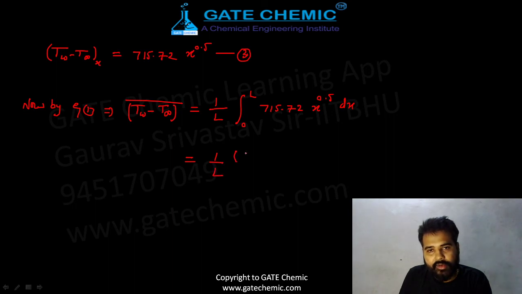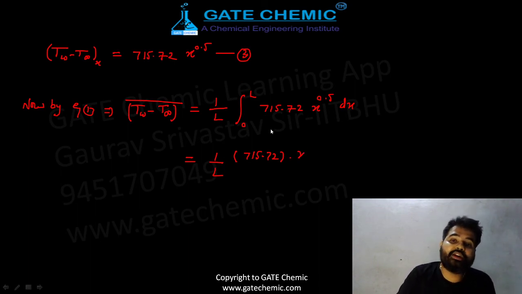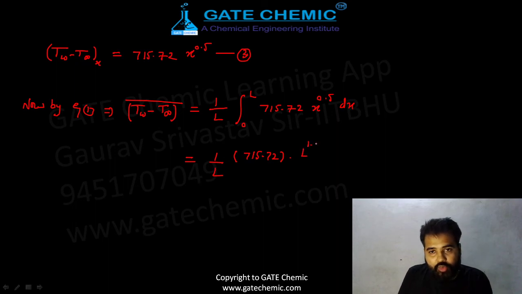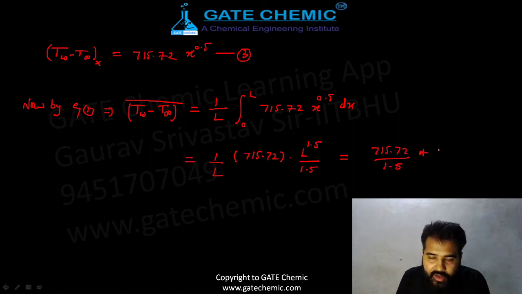So 1 by L, 715.72 into x to the power 1.5 by 1.5, and after taking the limit, x will be converted into L. So L to the power 1.5 by 1.5, or you can write L cancelled and you will get 715.72 by 1.5 multiplied by L to the power 0.5.